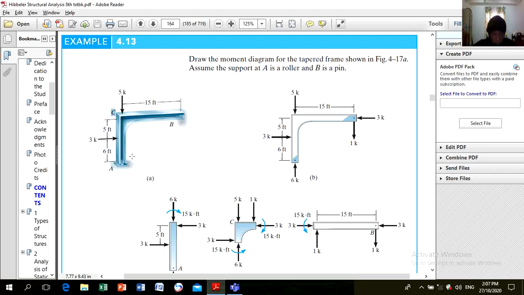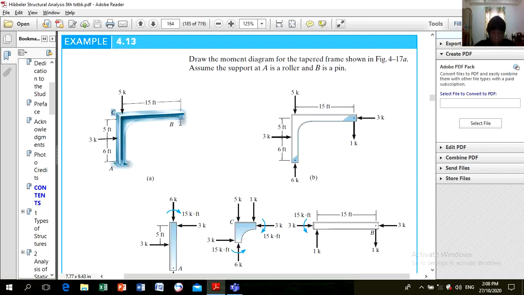How about for BY? We can take moments here. Summation of moments at A is 3 times 6, which is 18, plus the reaction here, minus 3 times 11, divided by 15.